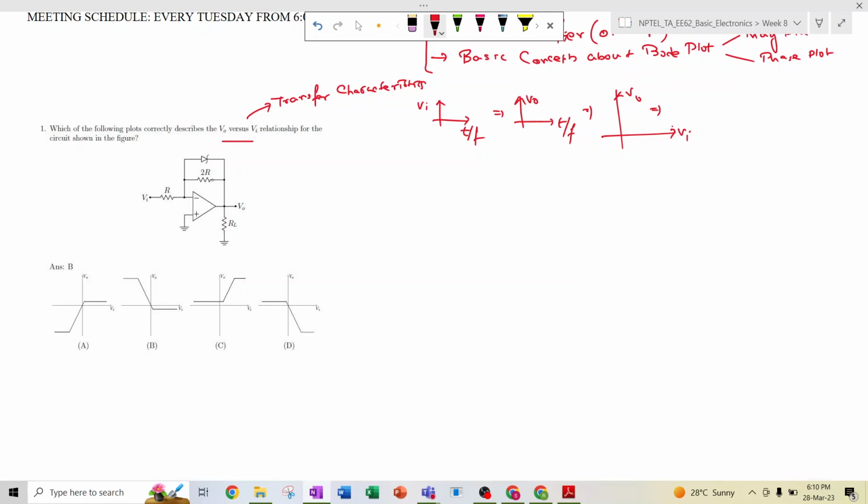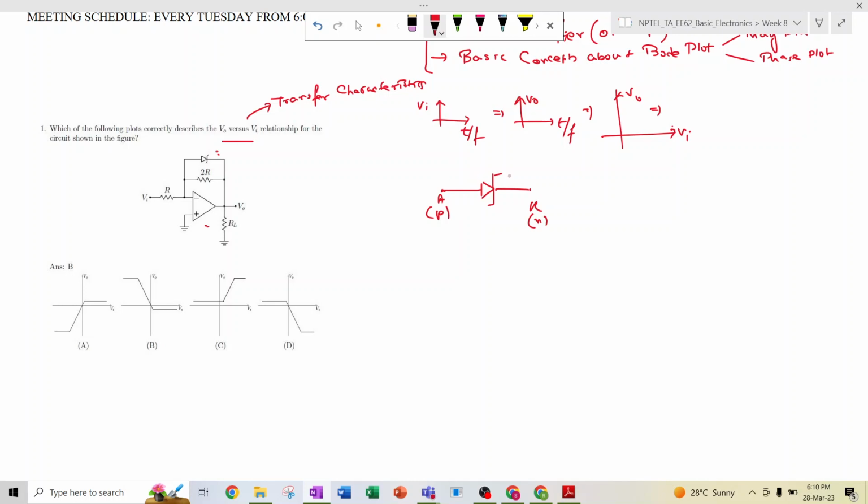This figure has a basic op amp and one Zener diode. As I have already discussed, this is the basic symbol of the Zener diode. This is the anode and this is the cathode. This terminal is positive and this is negative.